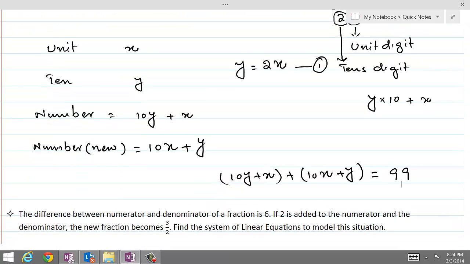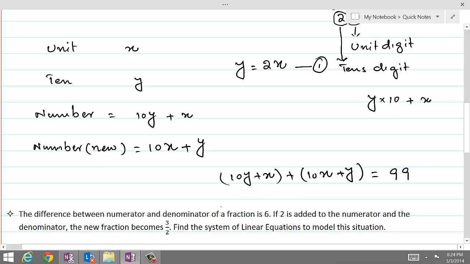We can now simplify this and write down the relation, and that would become 10x plus x will become 11x, 11x plus 11y is equal to 99.